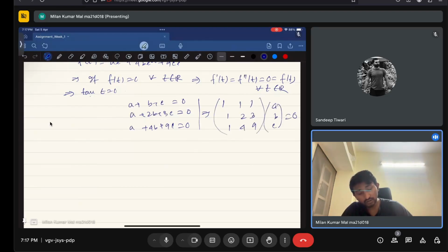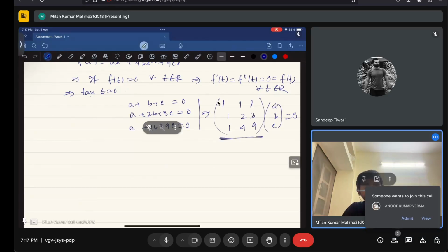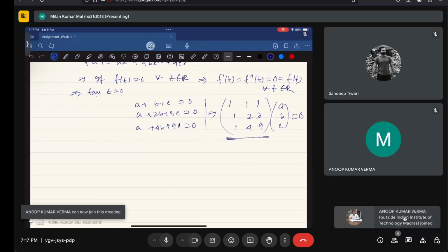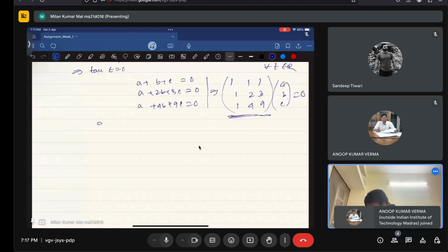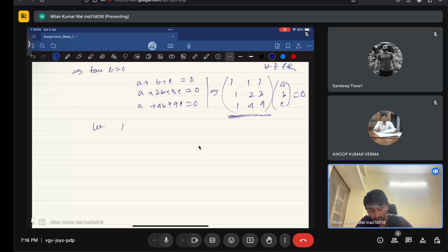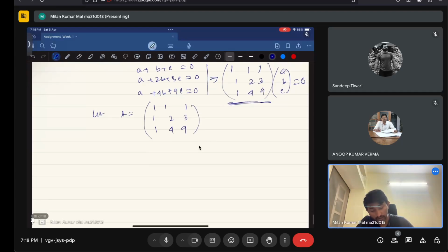So this will be 0 only if the determinant of this matrix is 0, and the trivial solution follows if the determinant of this matrix is non-zero, right? Let A equal this matrix 1 1 1, 1 2 3, 1 4 9. So now what is the determinant of A?